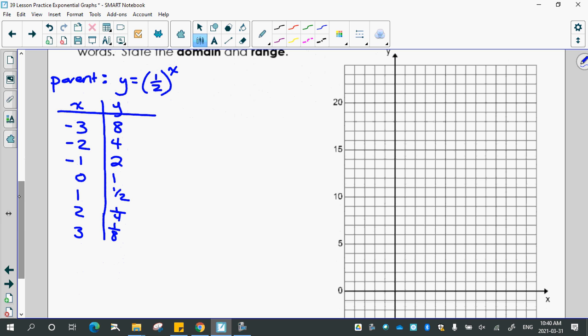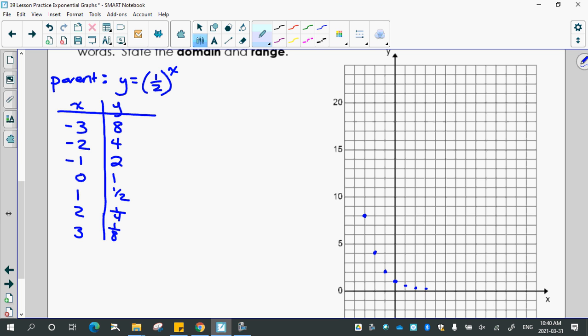So -3 and 8. -2 and 4. -1 and 2. 0 and 1. 1 and 1/2. 2 and 1/4. 3 and 1/8.